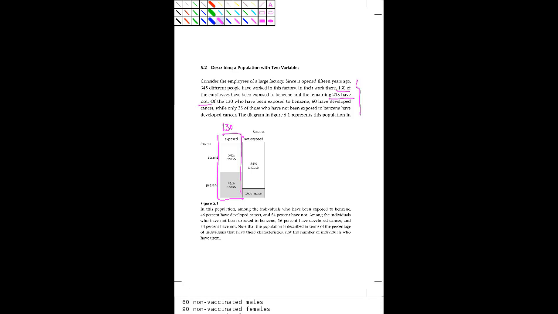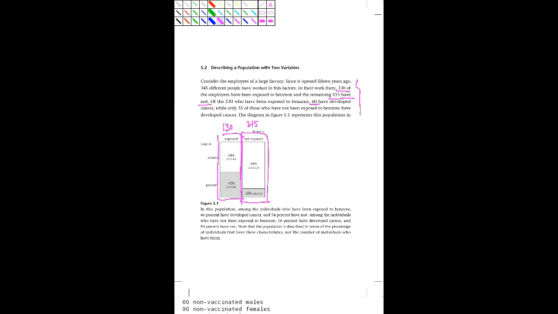Right next to it, we have the not exposed part of our population. So that's going to be 215 people. Then of the 130 who have been exposed to benzene, 60 have developed cancer.